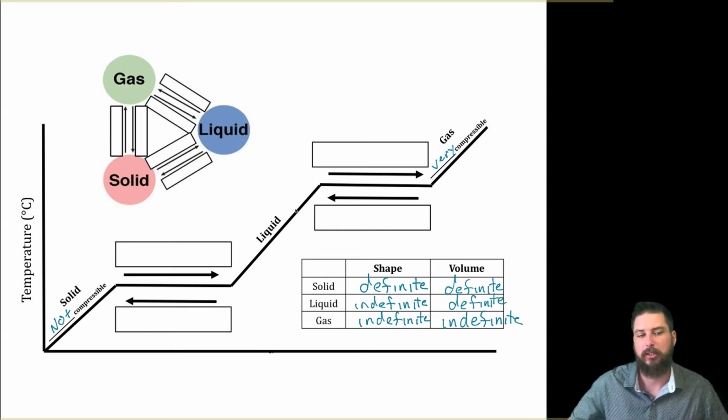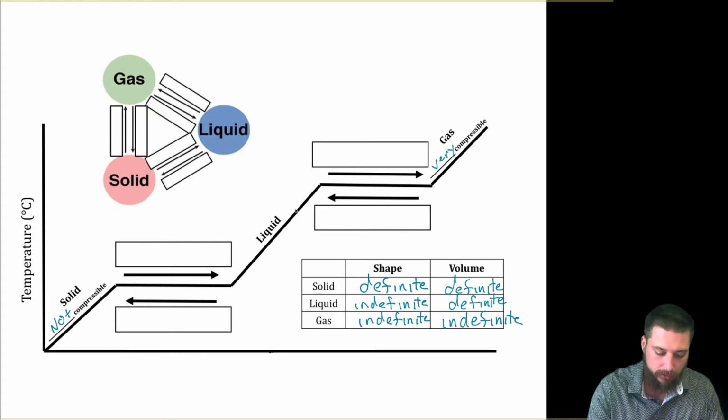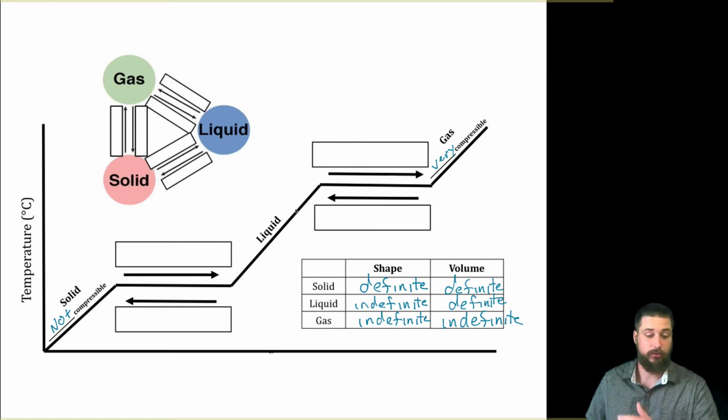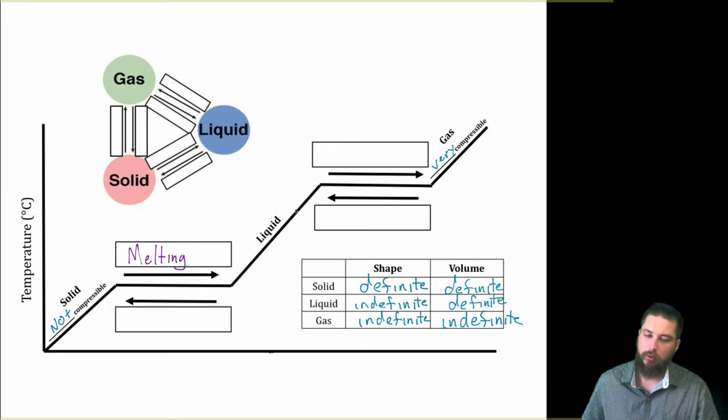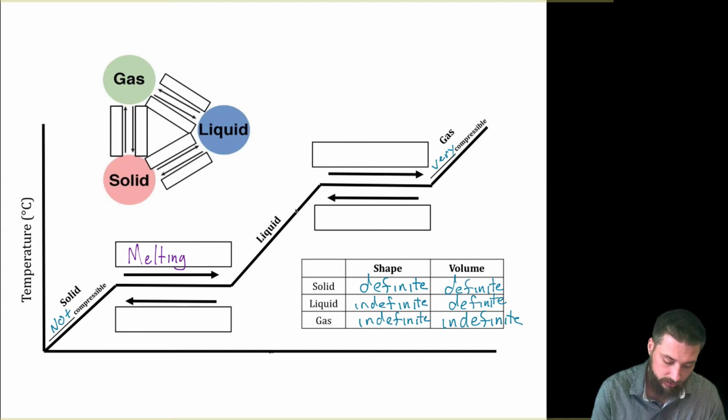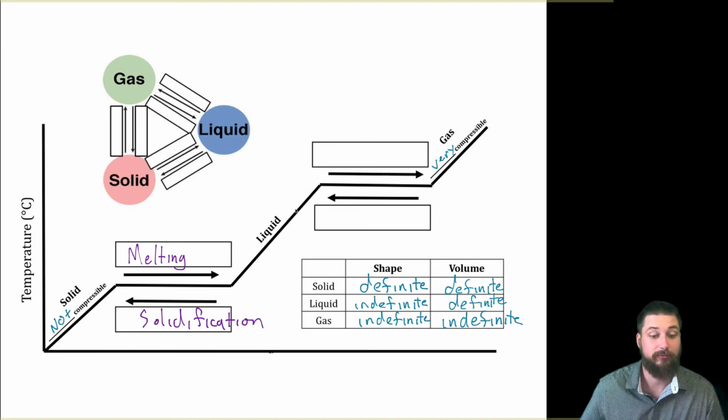Okay, so let's go ahead and talk about what we call going from one state of matter to another. And I'm going to go ahead and change the color here to purple. And when we go from solid to liquid, we call that melting. But what about when we go from a liquid to a solid? Well, we call that solidification. Another word we use is freezing. So solidification and freezing are both words that we use.